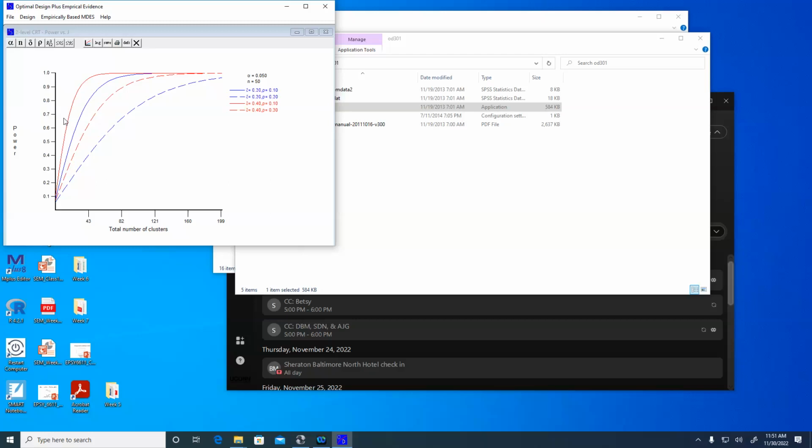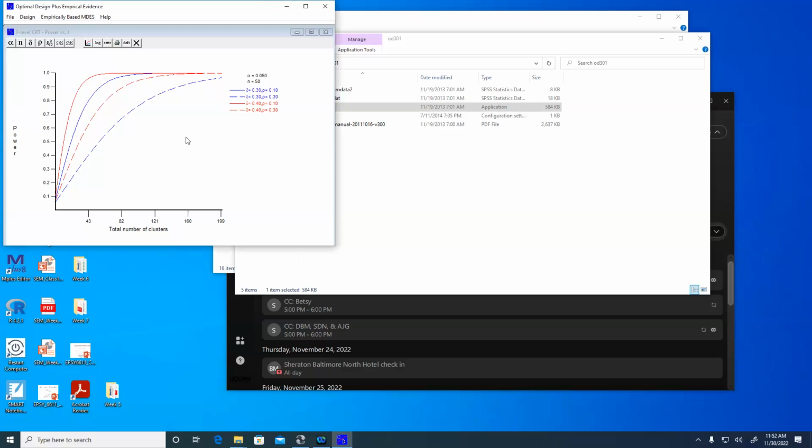So for example, right here, I've got power of 0.8 with 65 point something clusters when my ICC is 0.3, but when my ICC is 0.1, I only need like 27 clusters.